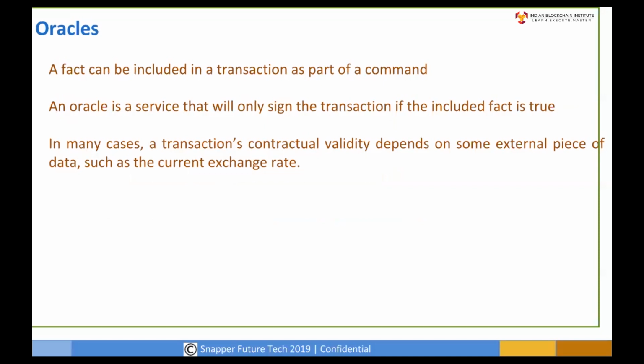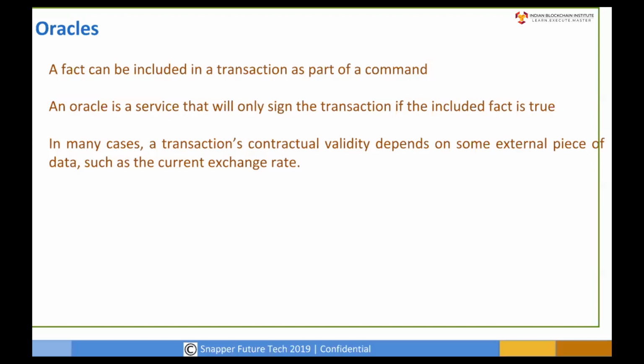So in many cases, a transaction's contractual validity depends on some external piece of data, such as the current exchange rate. In the network, an Oracle acts as an external party, an Oracle node, which gets its data from an external server or a sensor. Like they have mentioned, the exchange rate: it will take the exchange rate from some exchanges.